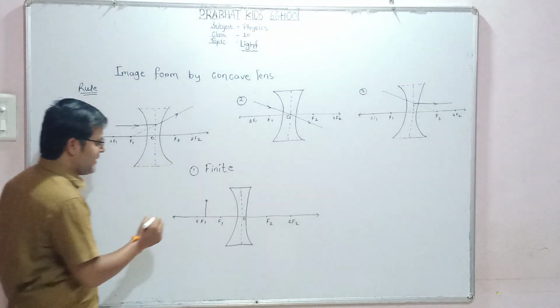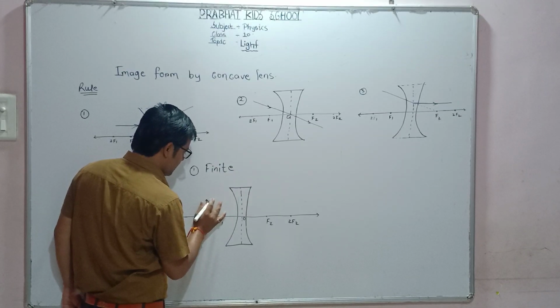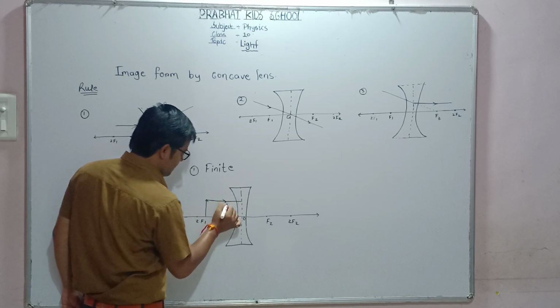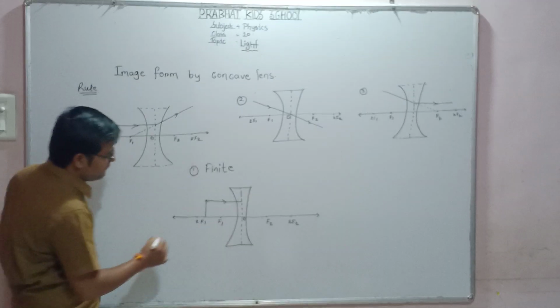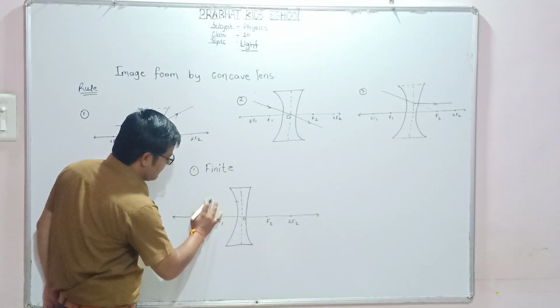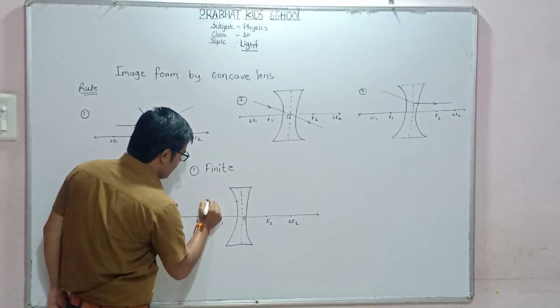So my first ray is parallel. It appears to be diverged from the focus. This is the focus point. This ray is not a straight line, I am trying to trace the path.